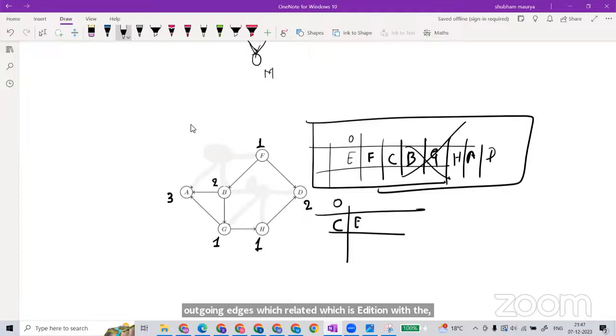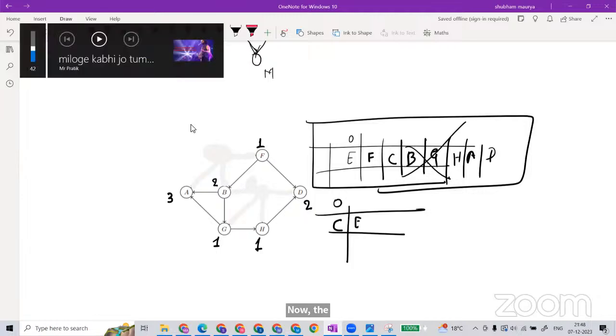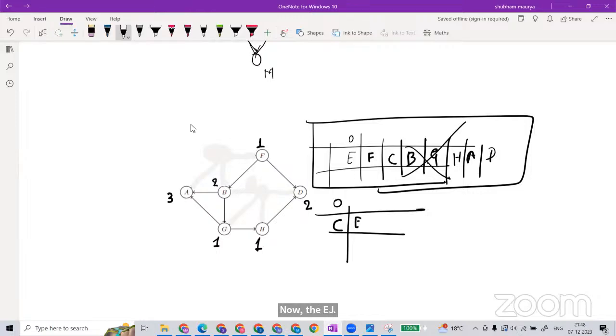Sir, just to check the starting and the ending point. Sorry, starting and ending point? Edges, sir. Could you repeat, please?